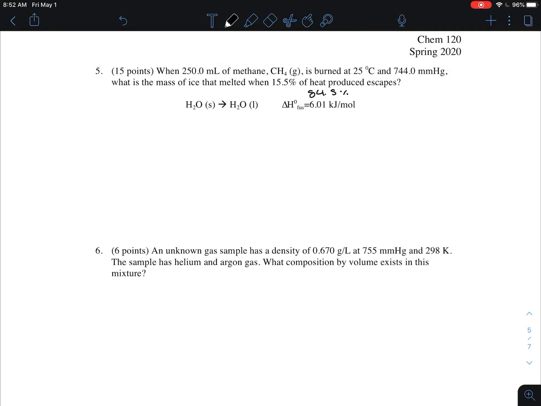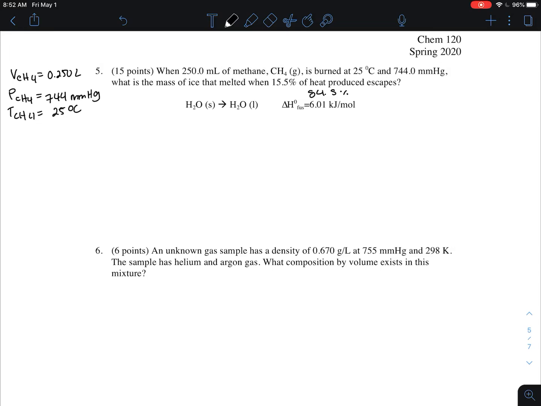So I notice here I have my volume of methane, .250 liters. I have my pressure of methane, I have my temperature of methane, and that's it.